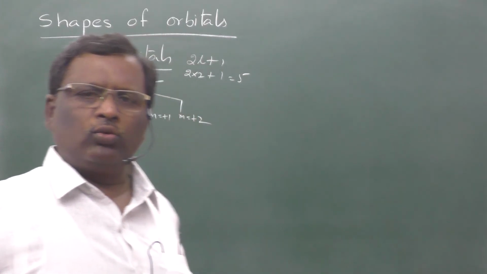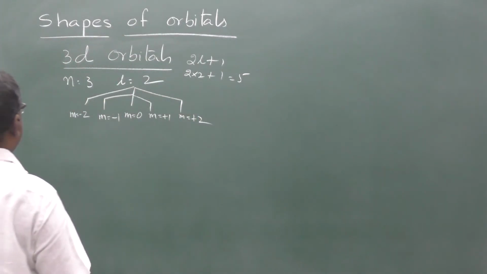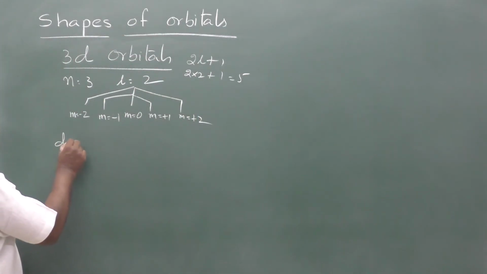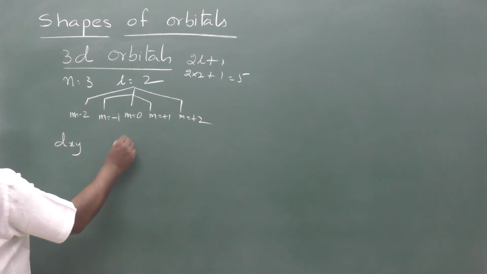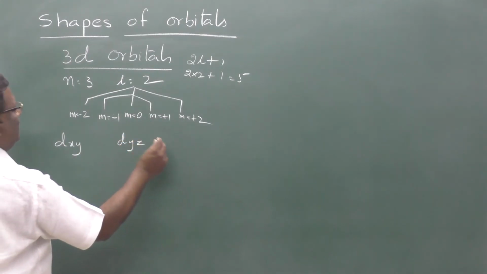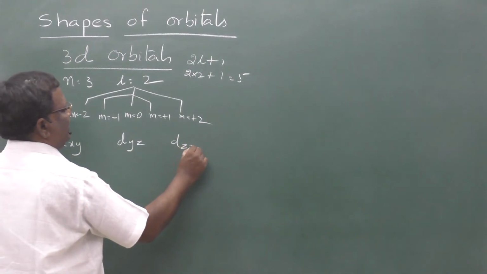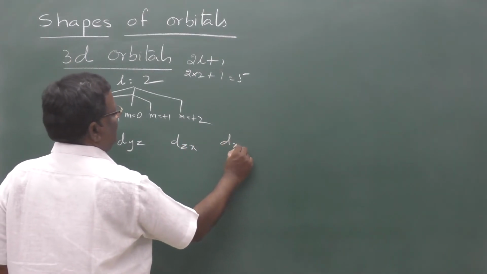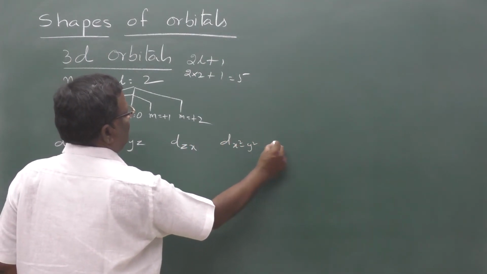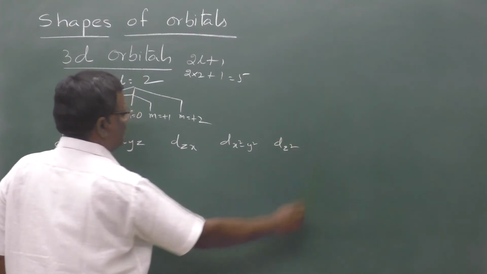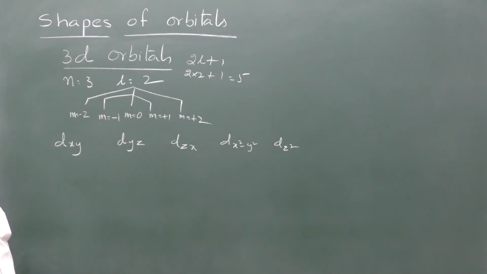Those 5 different orientations are dxy, dyz, dzx, dx square y square, dz square. These are the 5 different orientations.